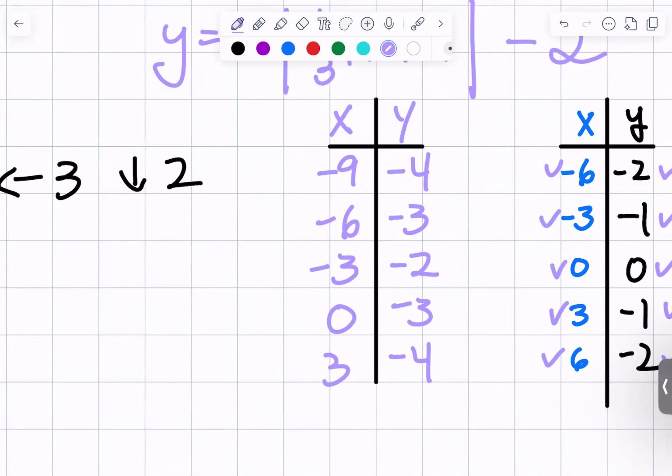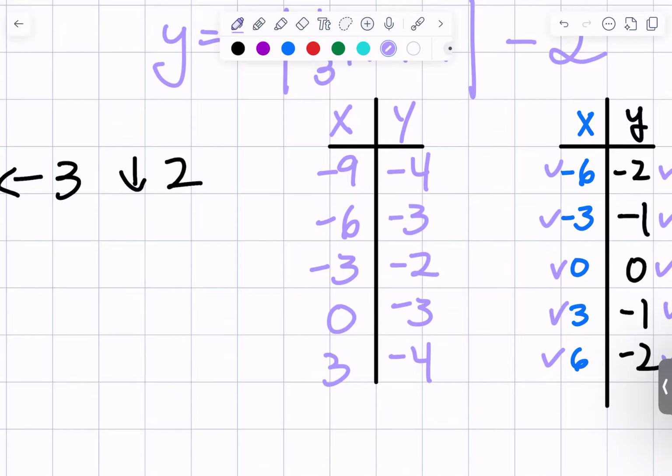Questions? What are your questions? If you're asked to graph on the assessment, I'm gonna be very specific on what I want. Sometimes I will want just the points, sometimes I just want the graph, sometimes I want both. But I'll tell you this, you're always gonna label your transformation.